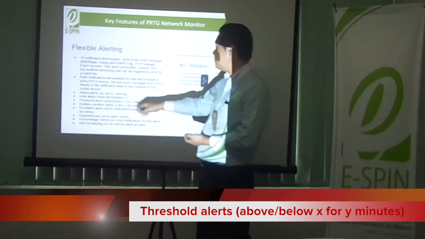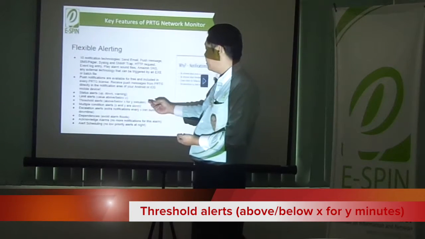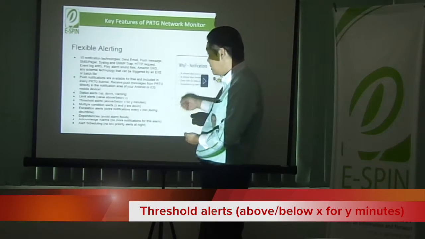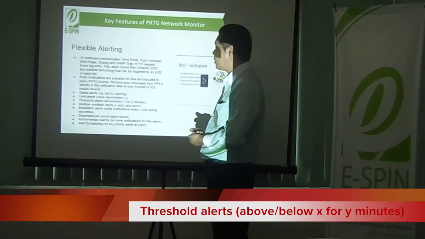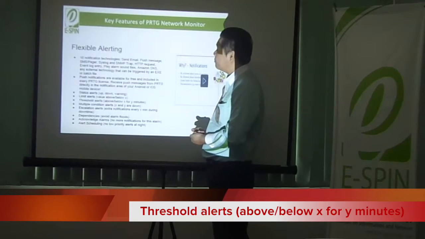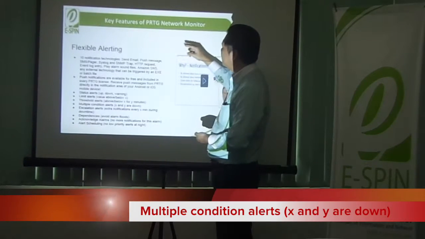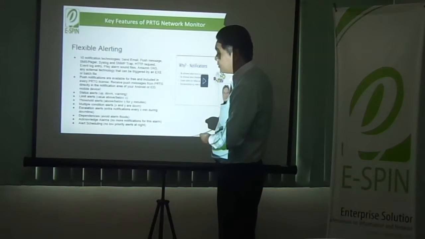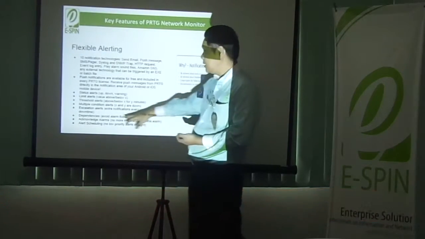Threshold alert: above or below your set parameter for how many minutes you want before triggering the alarm. For instance, memory and CPU at 90% load continuously for 1 hour or 60 minutes, I want to receive a proactive alert.